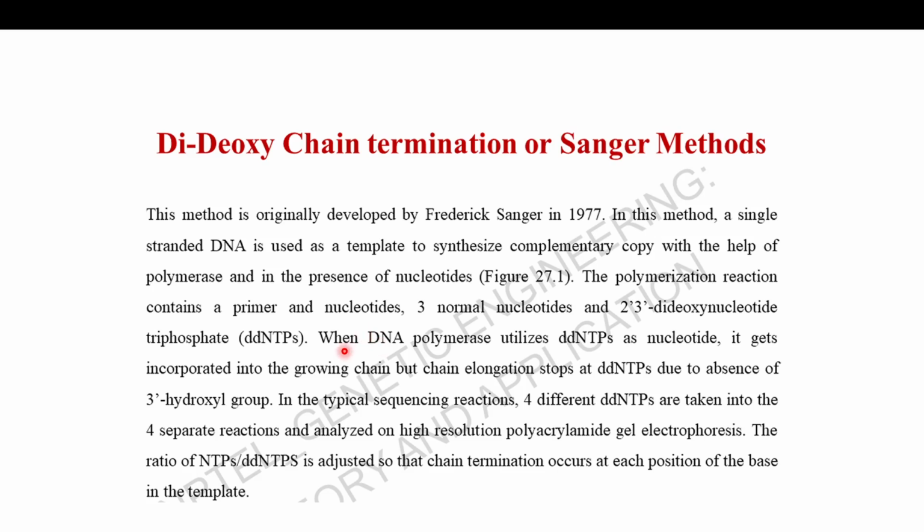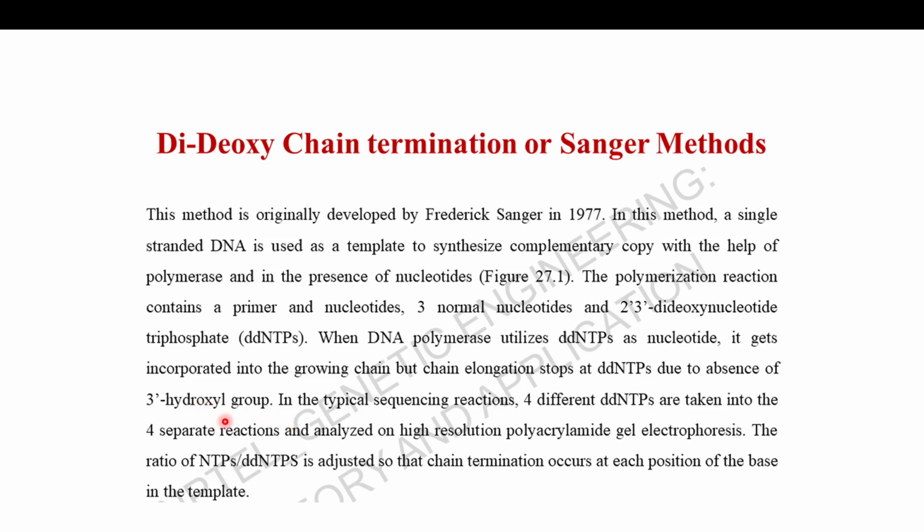If the DNA polymerase utilizes ddNTPs as nucleotide, suppose the template has A there, so the complementary nucleotide will be T. If ddTTP is incorporated, then after the T, there won't be any other addition of nucleotide because of the absence of the 3' hydroxyl group.